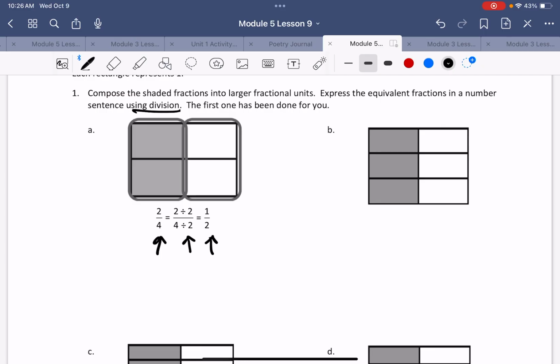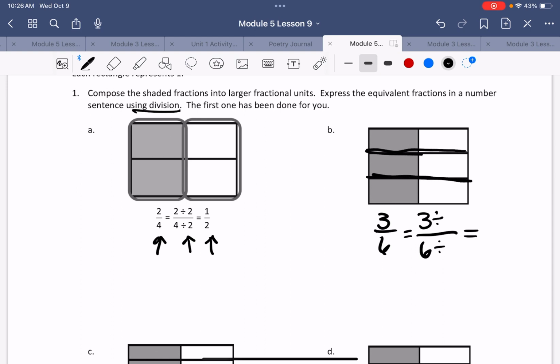So now, on B, we have 3 shaded out of 6. So we have 3/6. If we take 3/6 and we divide it by something, we can get an equivalent fraction. Well, how many parts did they break it into?